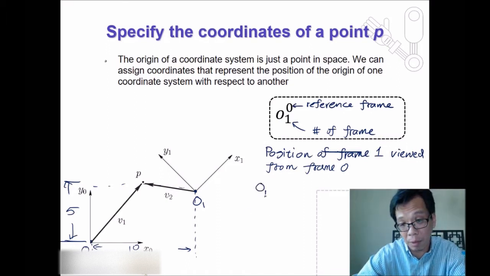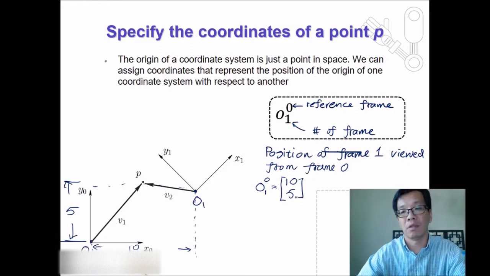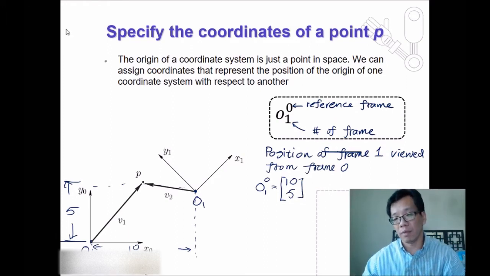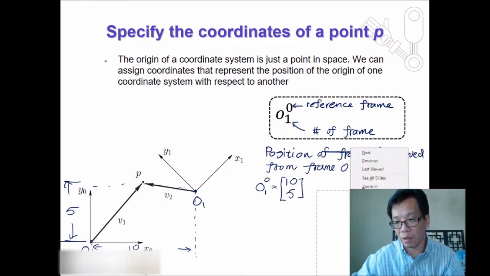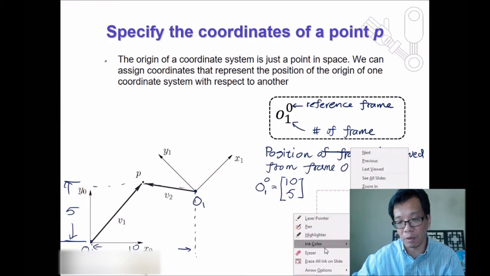Of course, this is my position, which is 1, and I viewed from 0. Then I'm going to have 10 and 5 in this case. So similarly, let me change my color again, so it might be easier for you to understand what I'm doing over here.